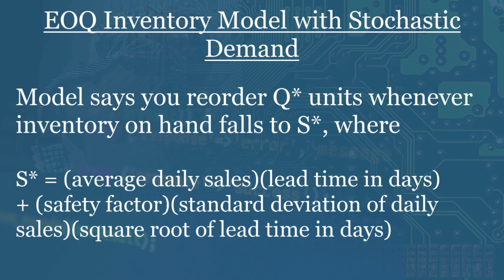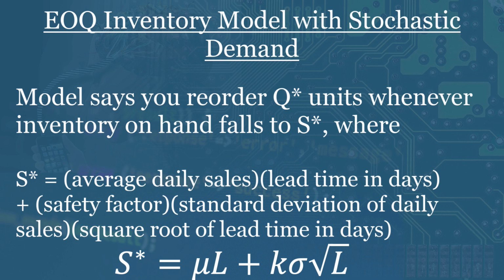The economic order quantity model with stochastic demand is going to work like this. It says we're going to reorder Q star units. Maybe this is an input, so we reorder Q star units whenever inventory on hand of the good falls to S star. And then S star is calculated like this.